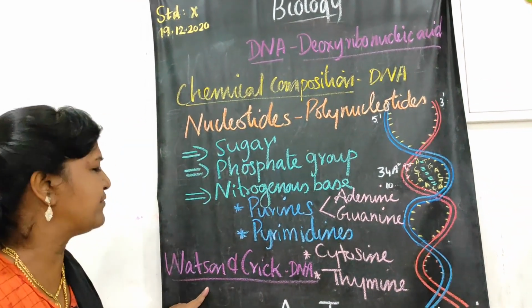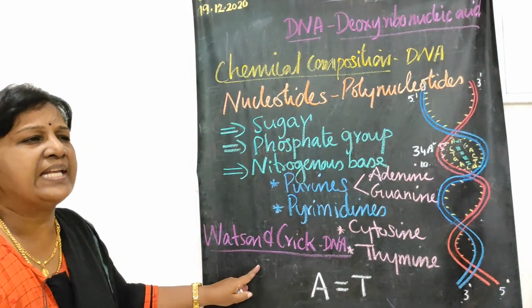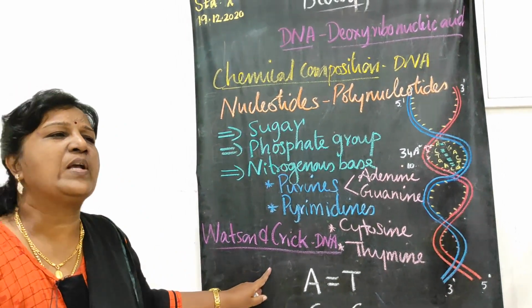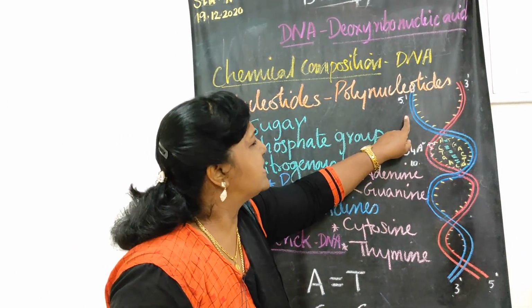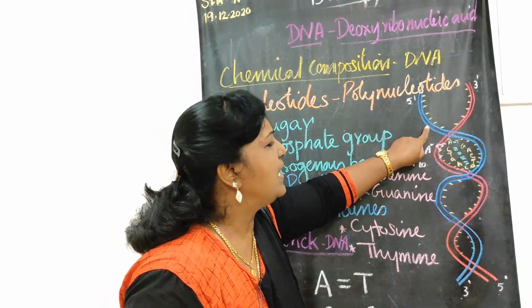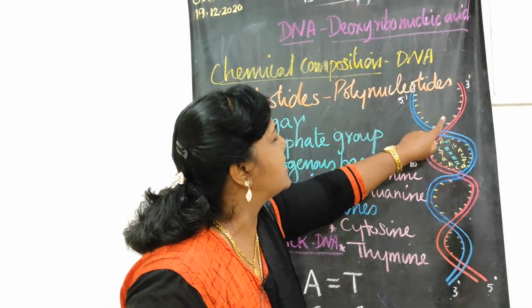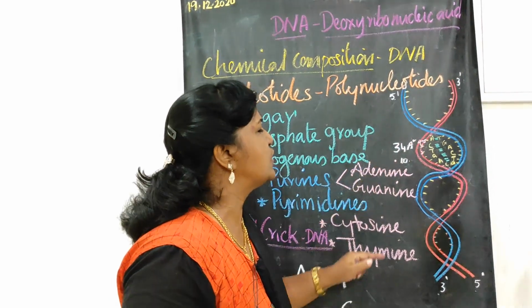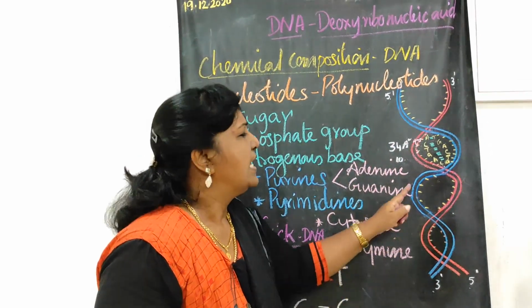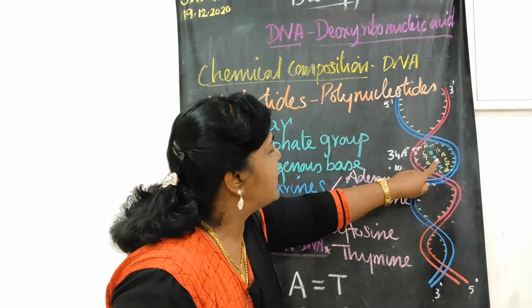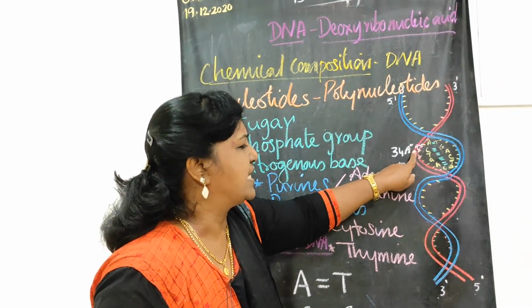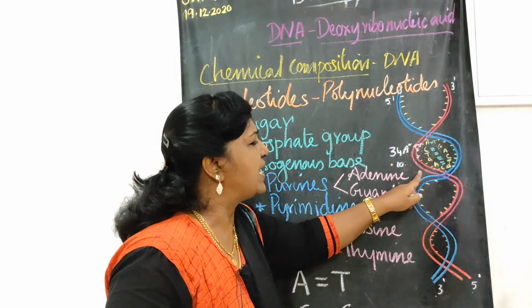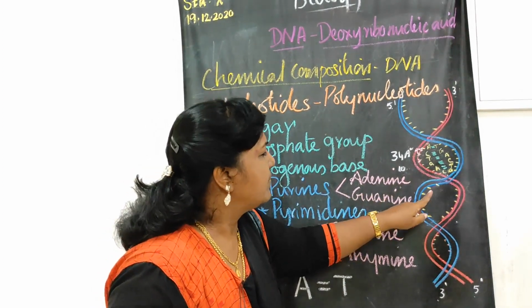Again, coming to this Watson and Crick model of DNA, the DNA molecule consists of 2 polynucleotide chains. These chains form a double helix structure with the 2 strands which run anti-parallel to each other. The nitrogenous bases in the center are linked to the sugar and phosphate which form the backbone of the DNA.